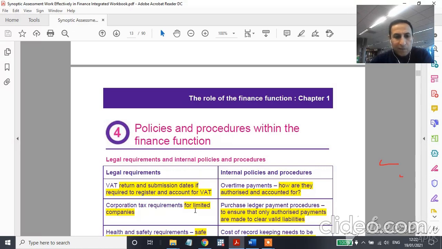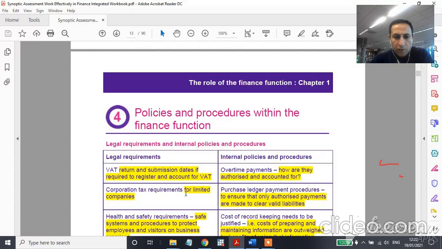And the legal requirement, for example, corporation tax. Obviously VAT and corporation tax are two separate requirements. Both of them go to the tax authority, but VAT is charged to a customer and you just pass it on.